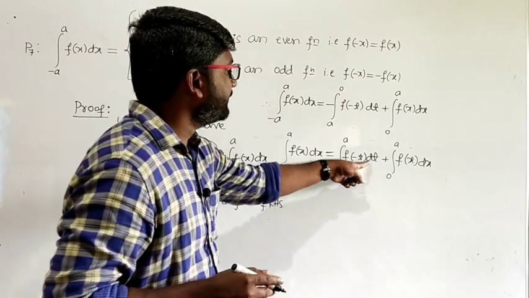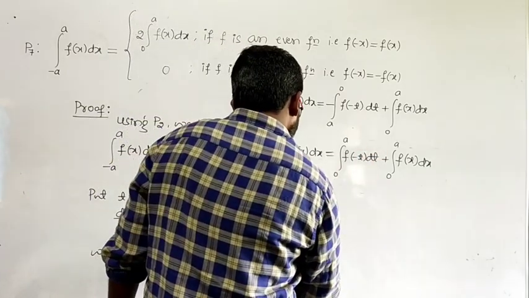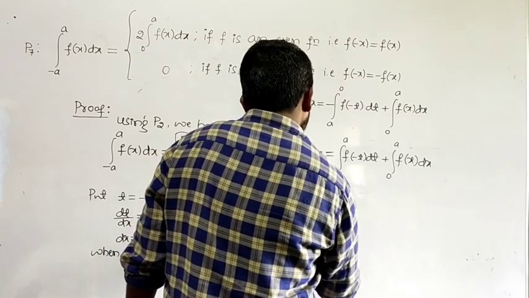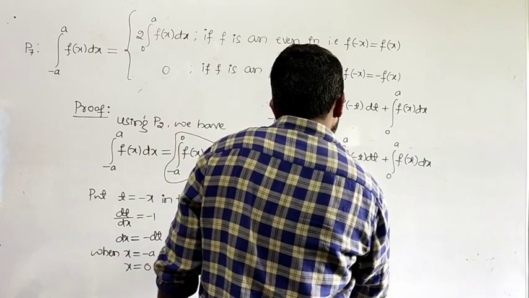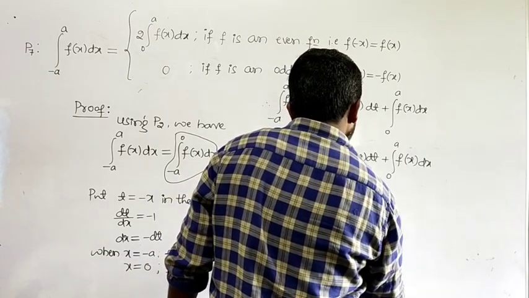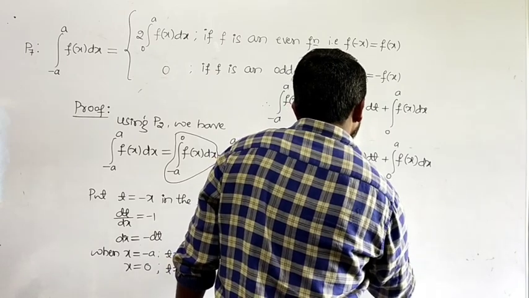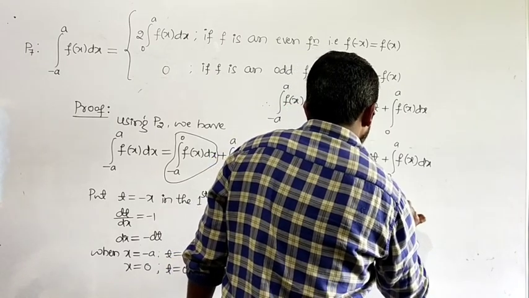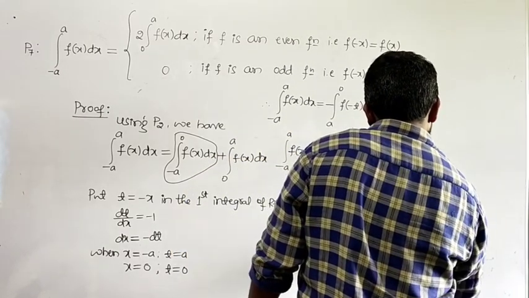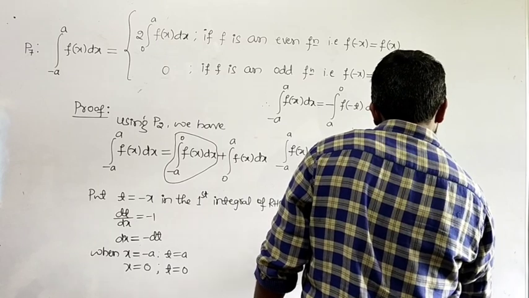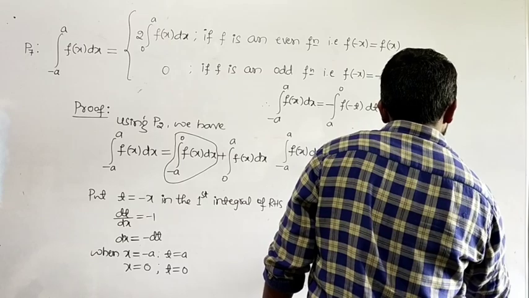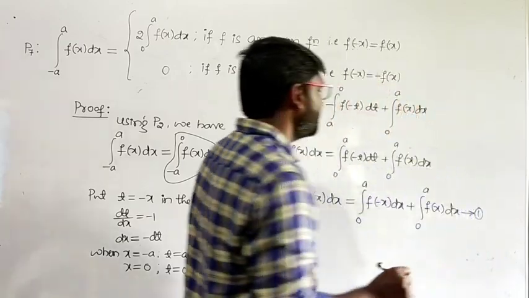So let us replace t by x: integral minus a to plus a f of x dx is equal to integral 0 to a f of minus x dx plus integral 0 to a f of x dx. I call this equation number 1.